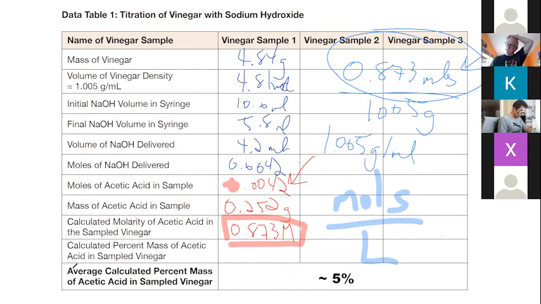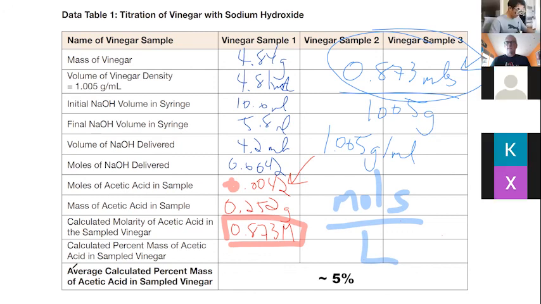Now, how am I going to change my 0.873 moles to grams? How do I do that? You would use the molar mass of acetic acid, 1 mole of acetic acid. Yep.